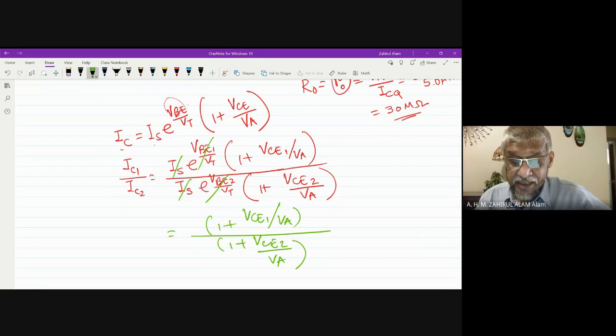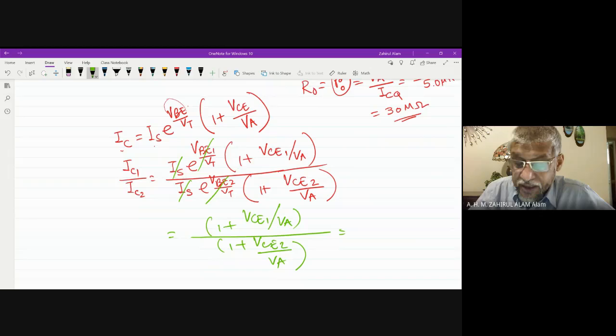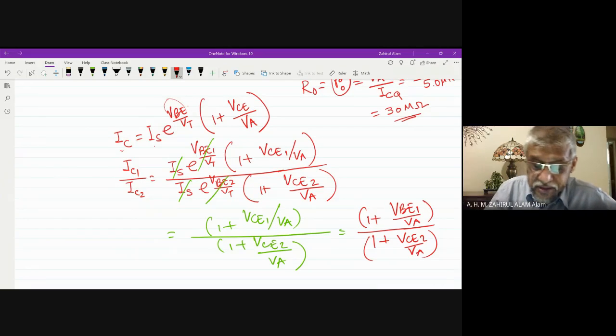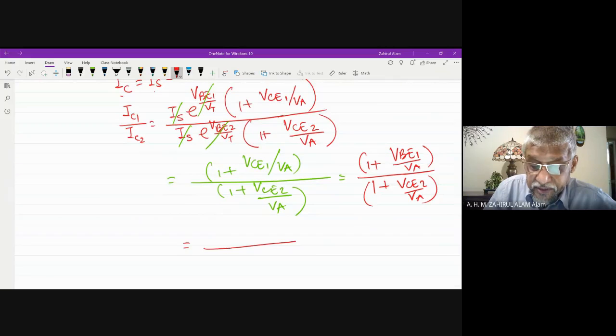VCE1 is equal to VBE1, so 1 plus VBE1 divided by VA over 1 plus VCE2 divided by VA. Substituting, we get 1 plus 0.7 divided by 150 over 1 plus 20 divided by 150.